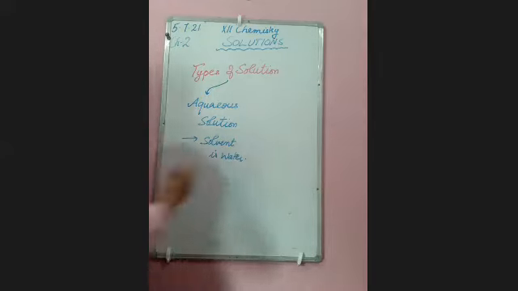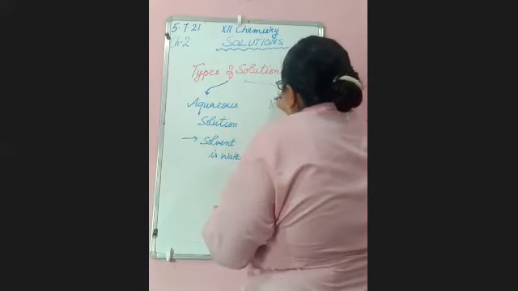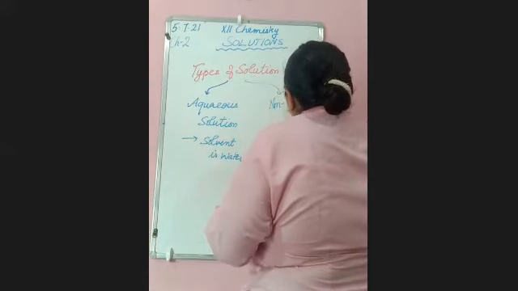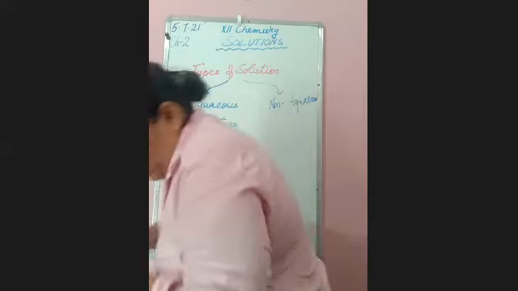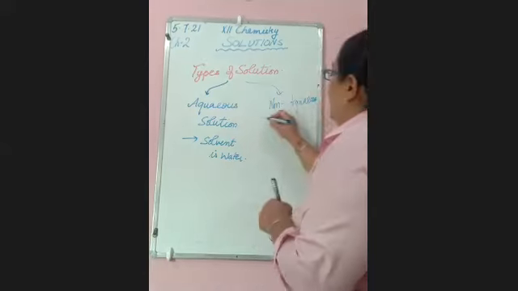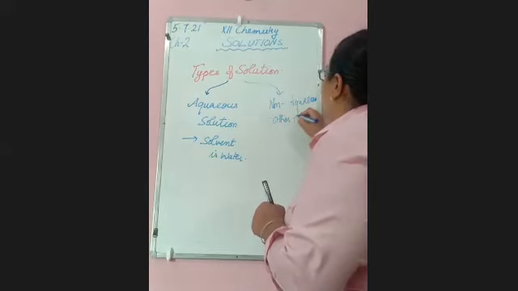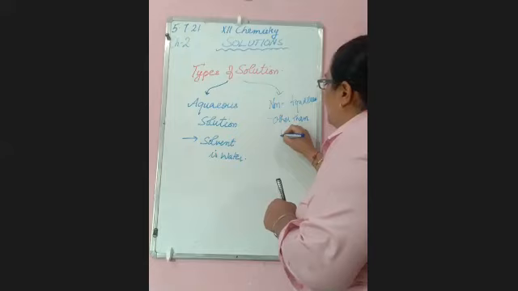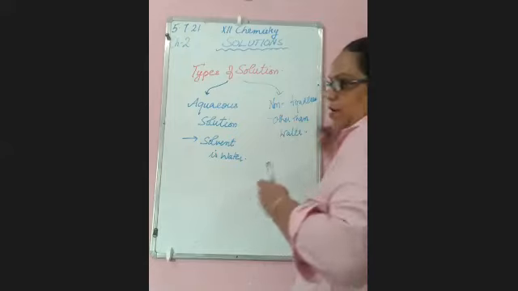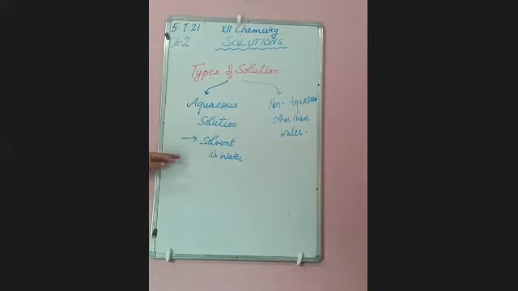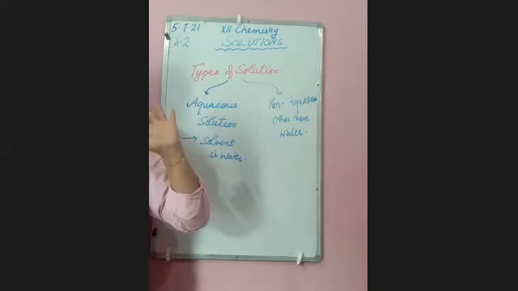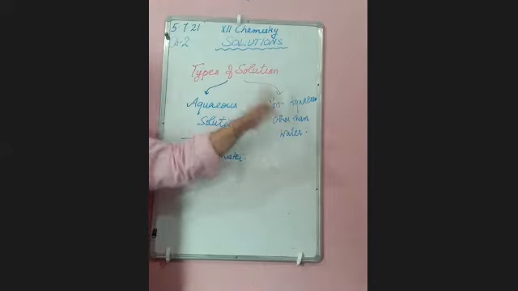And second is your non-aqueous. Non-aqueous means in which solvent is other than water, like benzene, carbon tetrachloride, or acetone. So, if your solvent is water, then it is aqueous solution, and if it is other than water, then it is your non-aqueous solution.